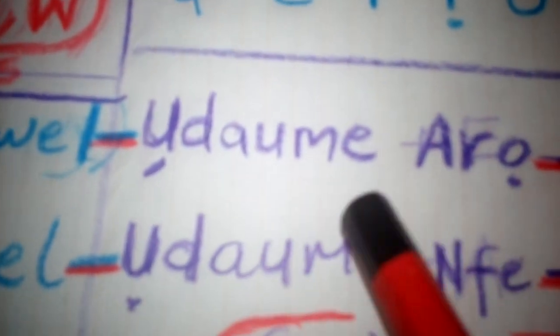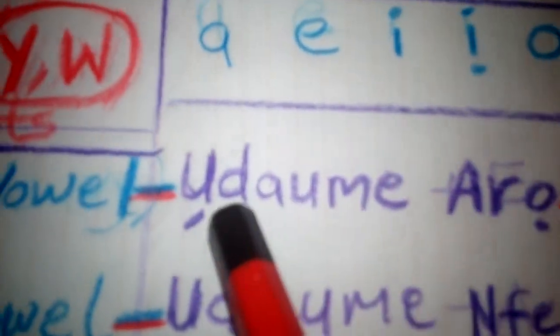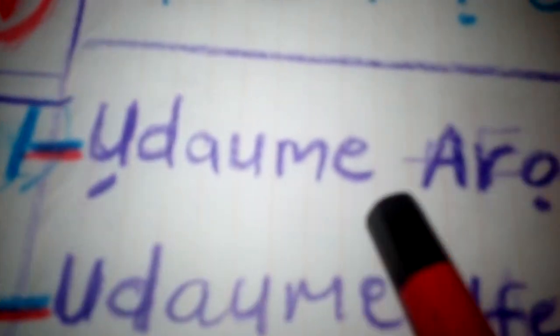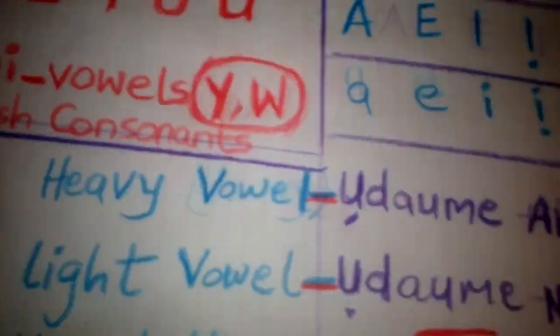Like ezinụlọ, in the last video I taught you about family. You check out what I'm trying to say here. So they join it, but it means Udaume here is a noun, a name of this group of vowels. But naturally there are two words, oda and ume.